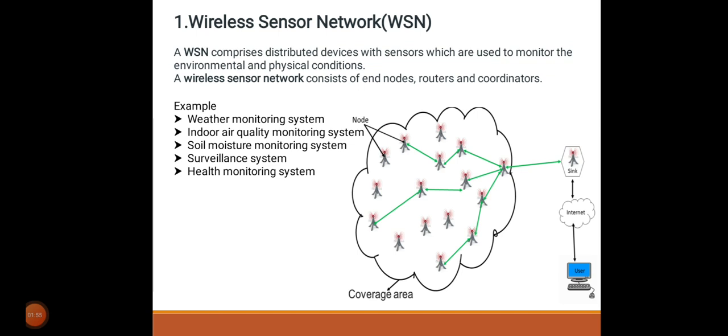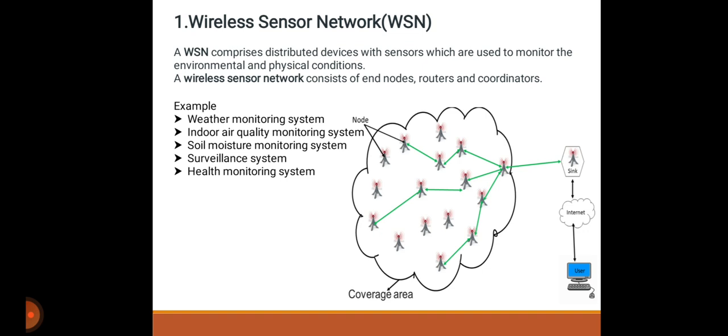First one is wireless sensor network, which is also called the WSN. A WSN comprises distributed devices with sensors, which are used to monitor environmental and physical conditions. A WSN consists of end nodes, routers and coordinators.